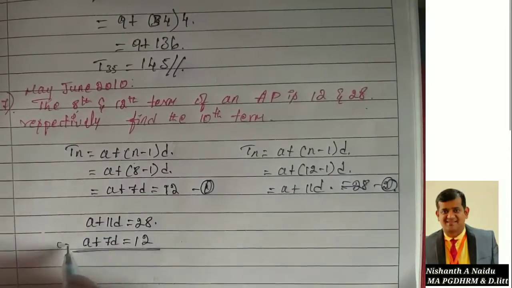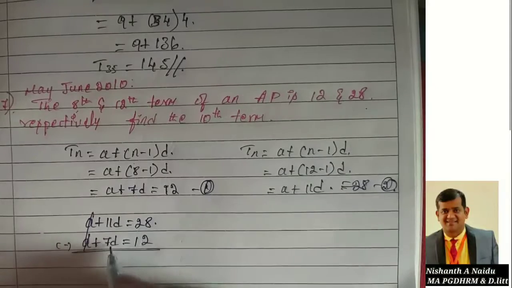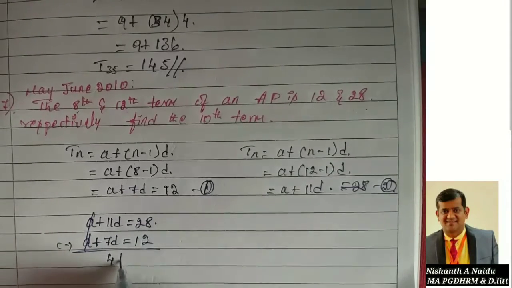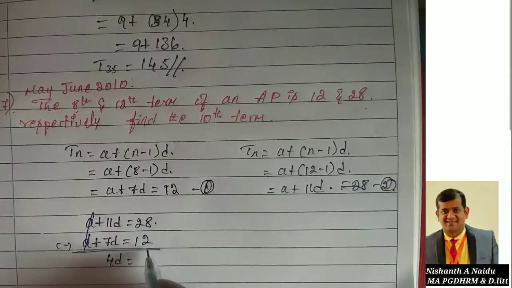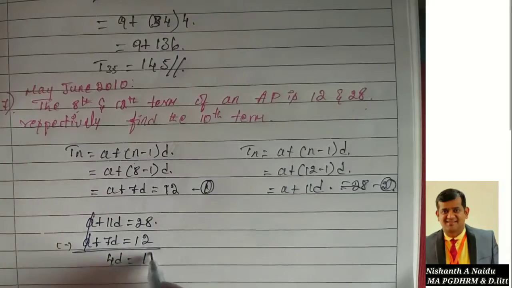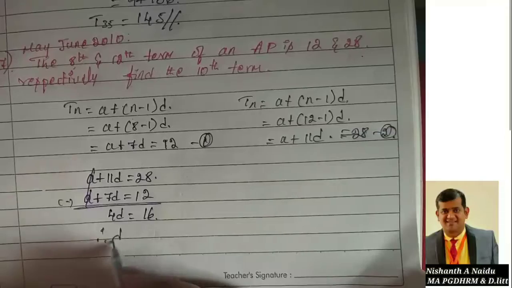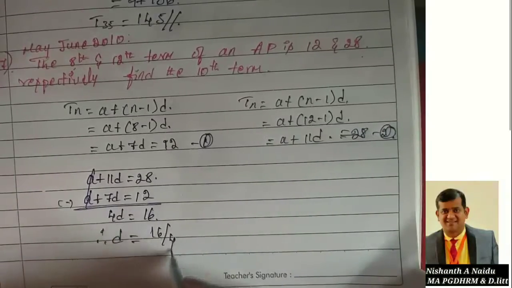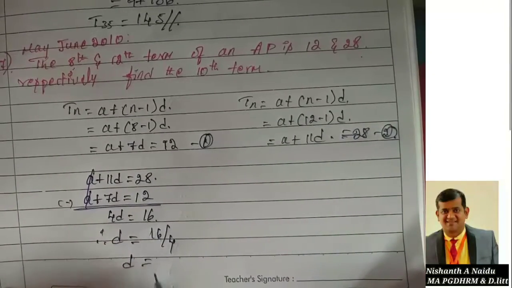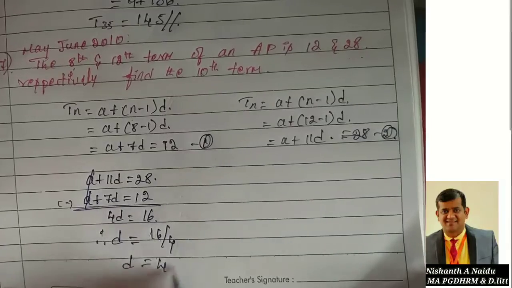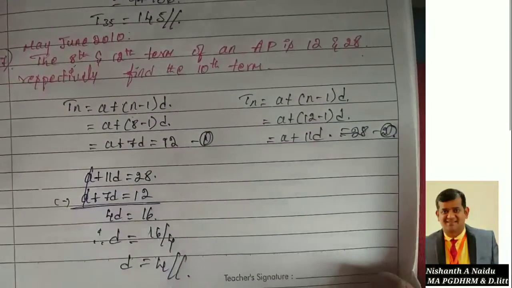Minus it, so a gets cancelled. 11d minus 7d is 4d, and 28 minus 12 you are going to get 16. Therefore d is 16 divided by 4. So d equals 4.